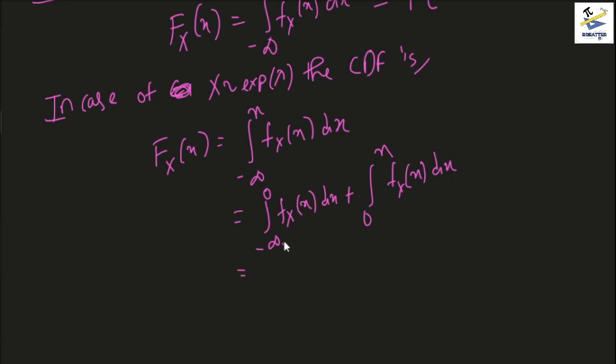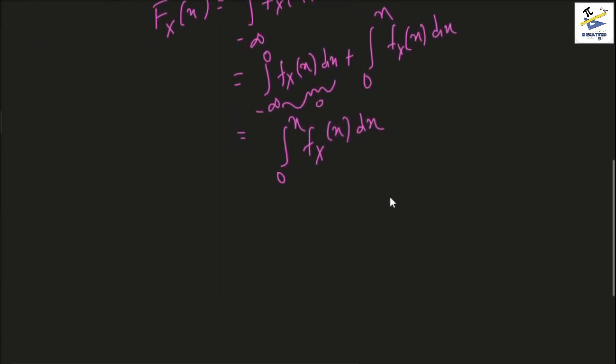Now this portion is 0 because the function is identically equal to 0 here, and this portion remains. So we only need to find 0 to x of f(x) dx, which is basically 0 to x of lambda e to the power minus lambda x dx, right?